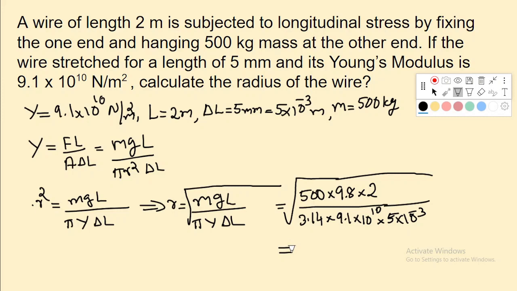So after the calculation, you will get the value of the radius of the wire as 2.62 into 10 raised to negative 3 meter, that is equal to 2.62 millimeter.